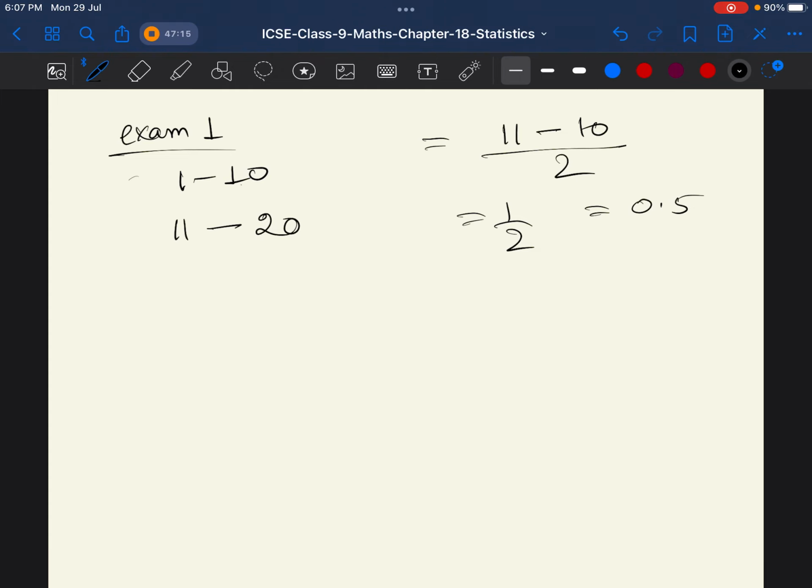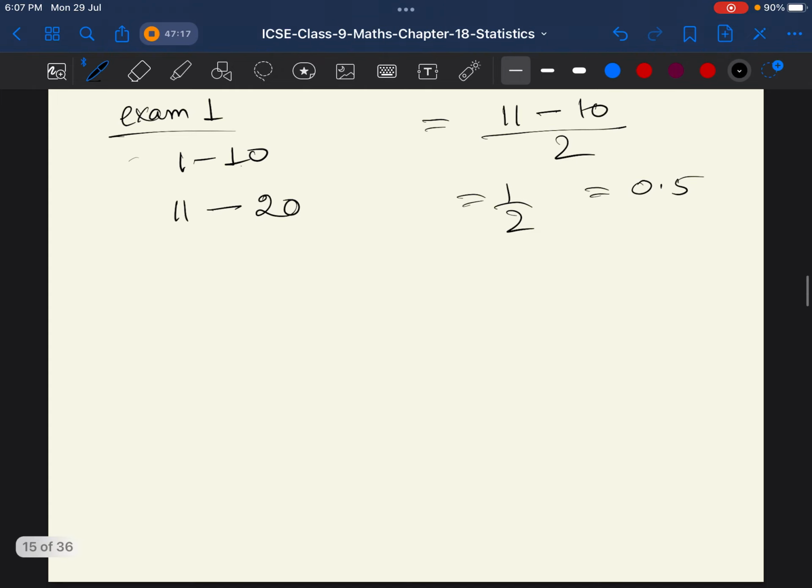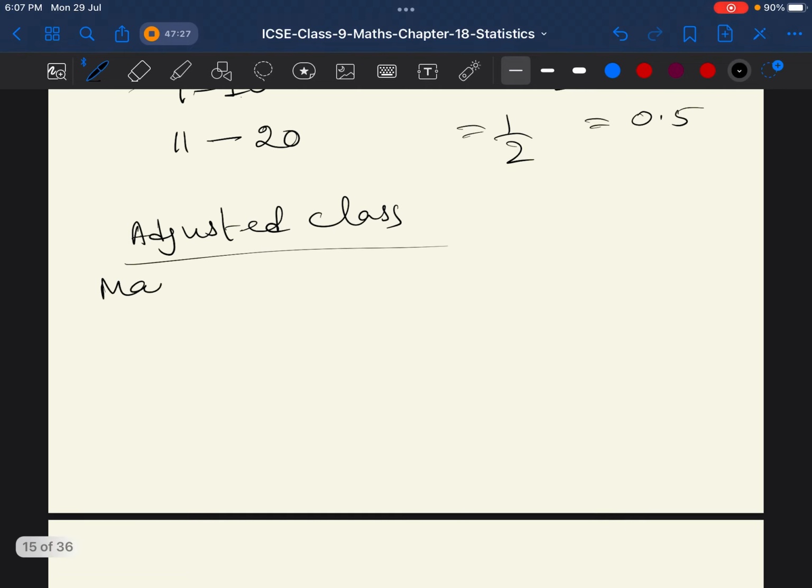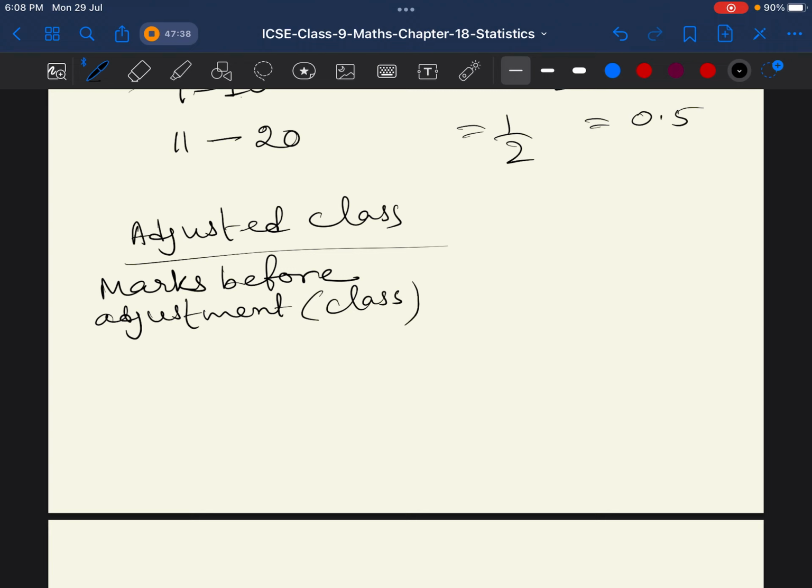So now we see the adjusted class. Here you see marks before adjustment, that is class, and marks after adjustment.